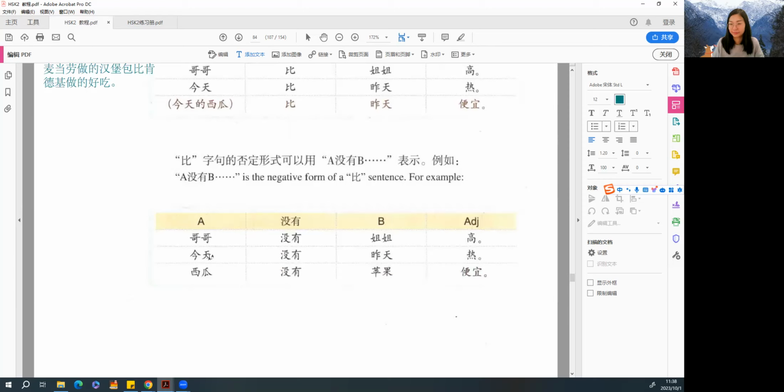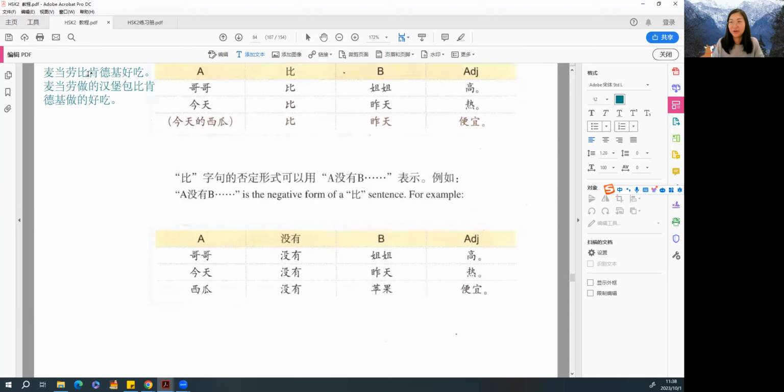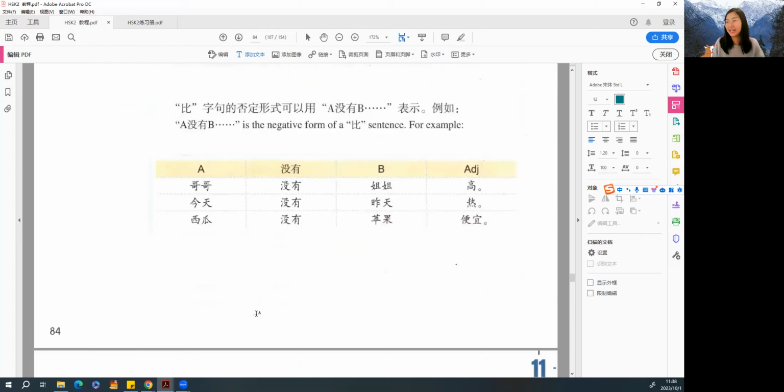So 今天没有昨天热。So 麦当劳没有肯德基好吃。麦当劳做的汉堡包没有肯德基做的好吃。Which is the negative, saying that KFC is more delicious than McDonald's in the example over here.